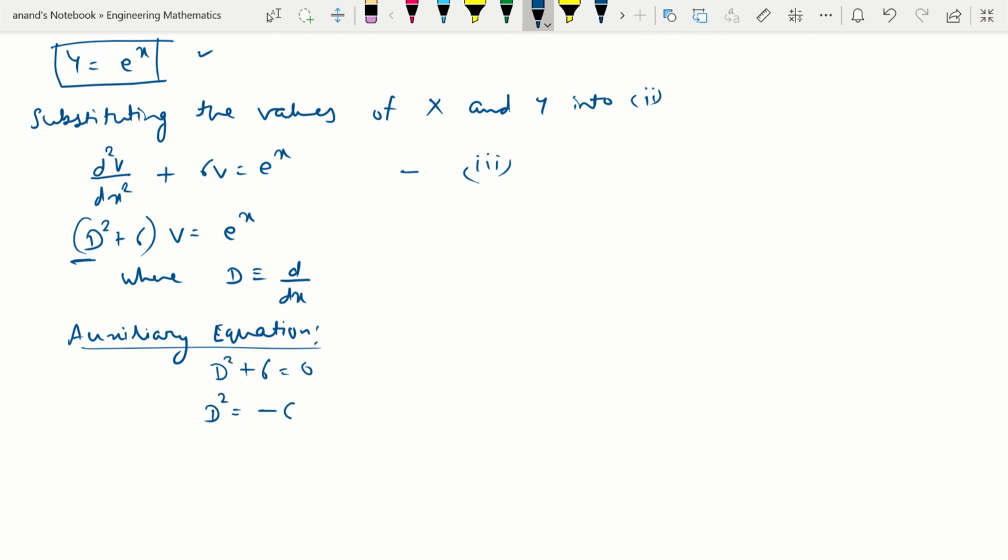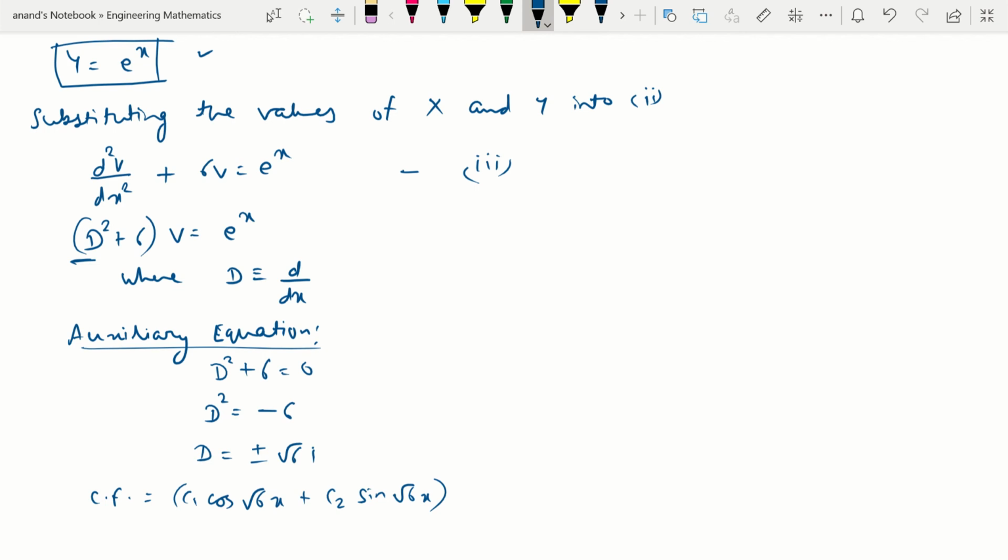So we get D square equals minus 6 and the value of D obtained will be plus minus root 6 i. So the complementary function will be equal to c1 cos root 6x plus c2 sin root 6x.